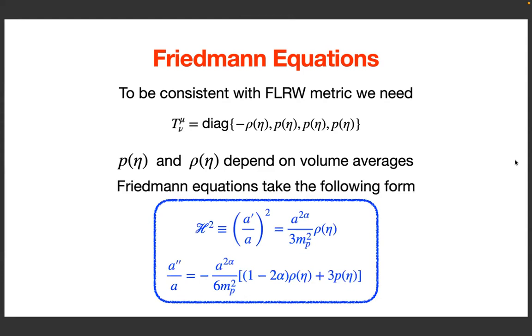With that, I can write down my Friedmann equations. To evolve the scale factor, which is what I need for solving the dynamics, I can use the second Friedmann equation, the one of the acceleration, and here I have this expression.